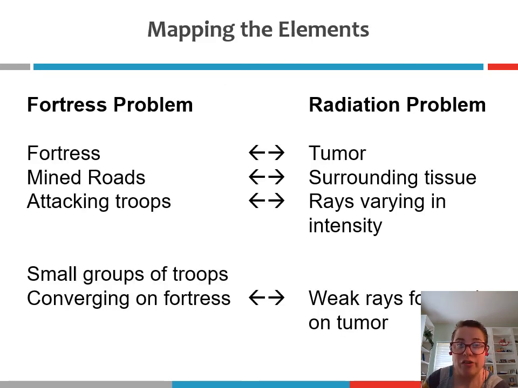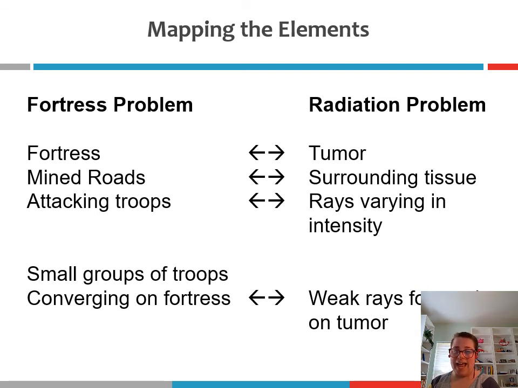If we were successfully mapping the elements across these two problems, we would see that in the first problem, the fortress corresponds to the tumor, right? This is the object that you're converging upon. The mined roads correspond to the surrounding tissue. These are both very fragile things: the mined roads can only hold so many soldiers before they blow up, and surrounding tissue can get destroyed even at very, very low intensities.